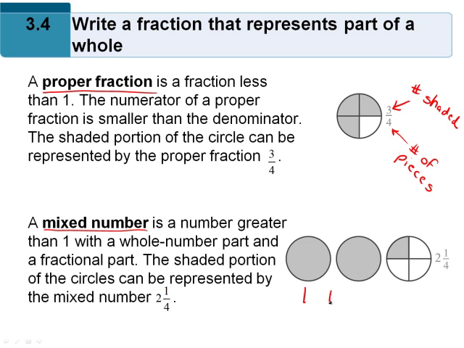We have another whole circle there, so that's another 1, so that's where they get the 2. And then the last circle is cut into 4 pieces, so that's where they get the 4 in the denominator, and one of those pieces is shaded, so that's where they get 1/4. So the mixed number for that picture is 2 1/4.